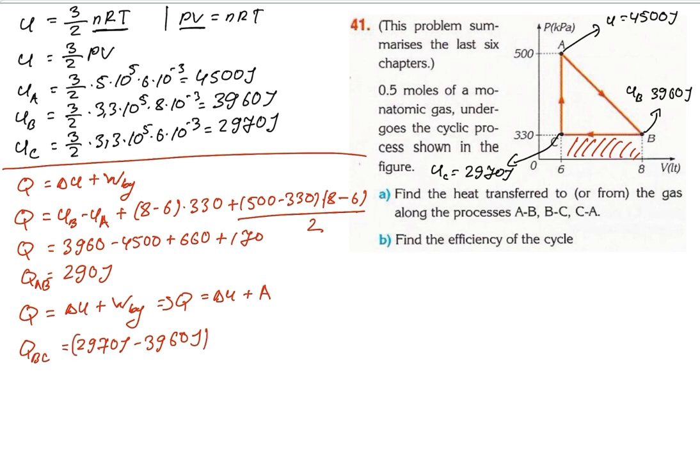So this is the delta U, and plus here it should be negative because the gas is compressed. That's why we put a negative sign here. So it will be with a negative sign, and 8 minus 6 times 330.